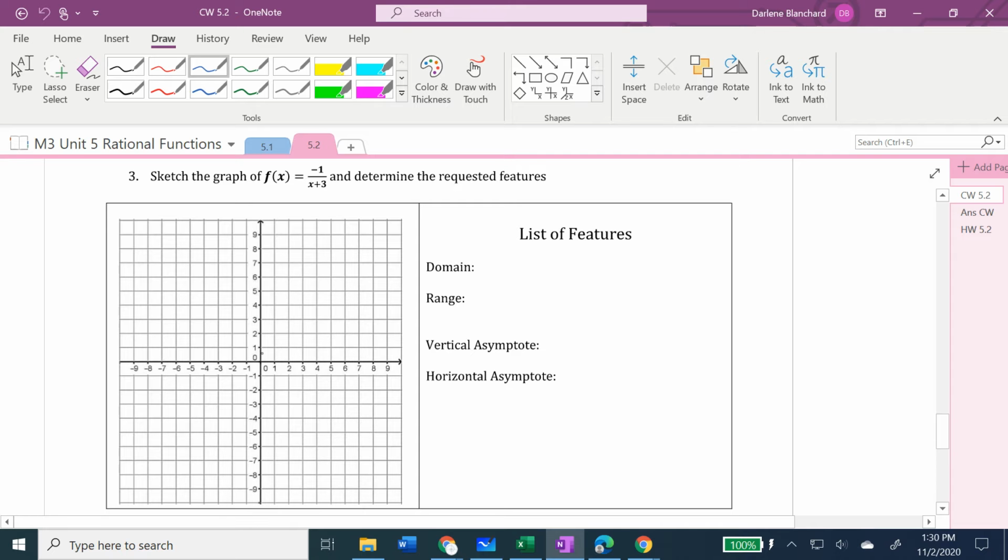First, the parent graph. The parent graph has this nice little plus sign at the origin. And we have starting points 1, 1, and -1, -1. And I'm actually going to plot those in blue because there's going to be so much going on that I need to color code this.